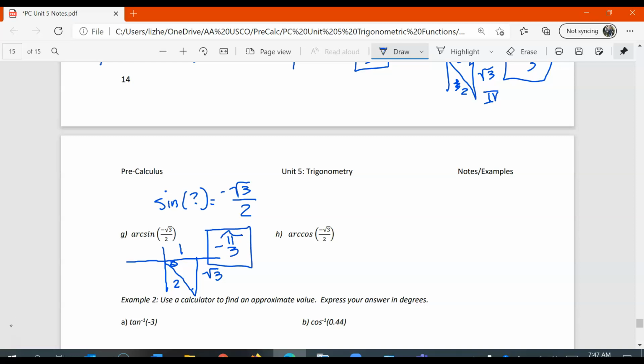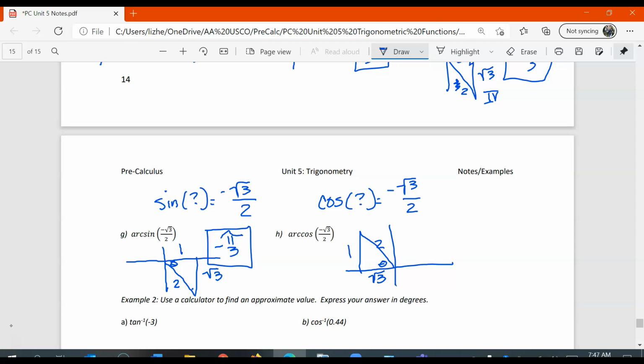Here we are at the cosine, so we're saying the cosine of what angle is going to be a negative radical 3 over 2. And since we are cosine, we are over here in quadrant 2. There's my angle. Cosine is adjacent over hypotenuse, so this is radical 3, and here's my 1.